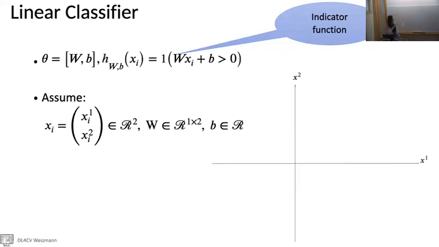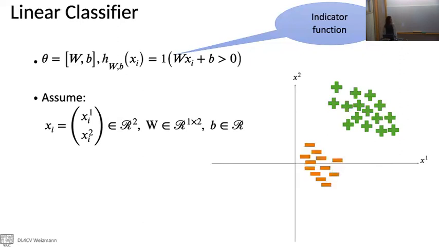And if we plot it on the 2D plane, imagine we have some positive values which have the label of 1, and we have some negative examples which have the corresponding supervision label of 0. And this is, for example, some linear classifier, right?